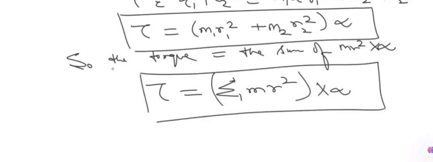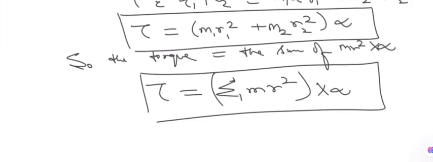So hence from here we define a new term, which is known as moment of inertia. So what is moment of inertia? Moment of inertia is defined as I equals the summation of m r square over all the particles. This is known as moment of inertia.